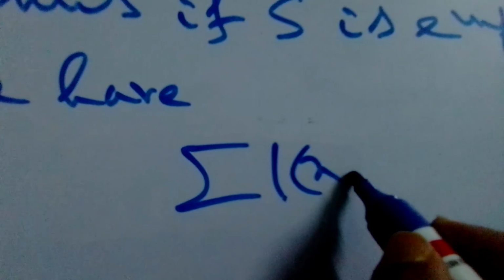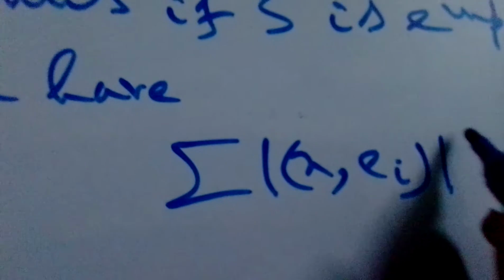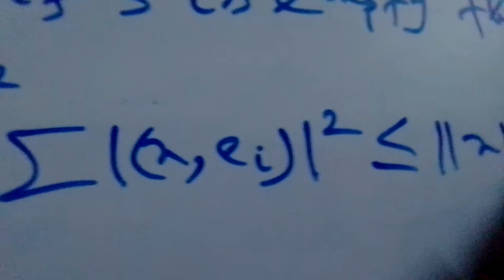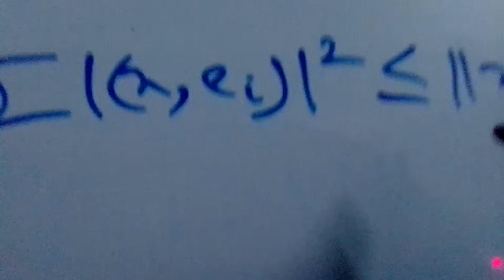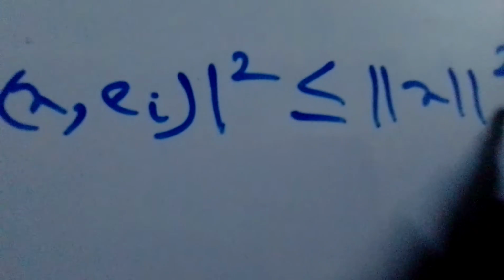Thus if S is empty, then the summation of mod of x dot e_i whole square is less than or equal to the norm of x square, and this is a trivial case.